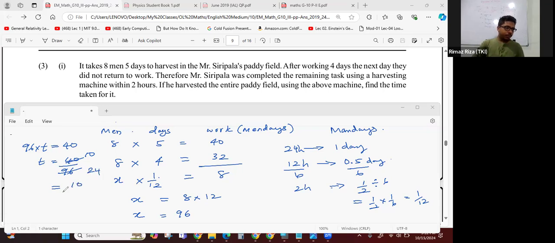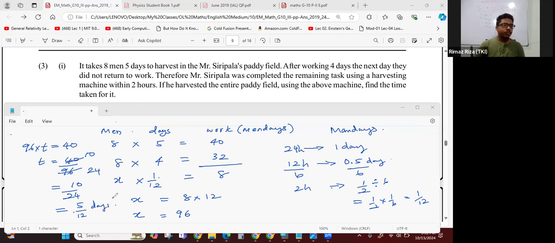So 10 divided by 24, we can further divide by 2. 5 over 12 days.